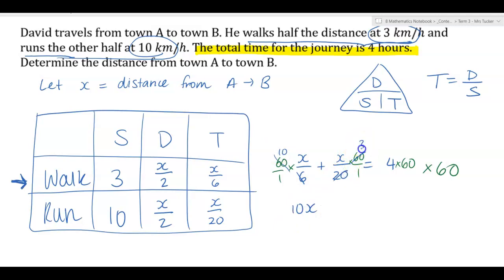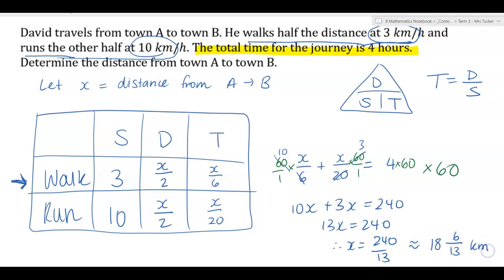We cancel those, we've got 3x equals 240. So 13x equals 240, therefore x equals 240 over 13, which is, what is it, Aiden? 18 and 6/13 kilometers. So that would be the final answer that we're looking for.